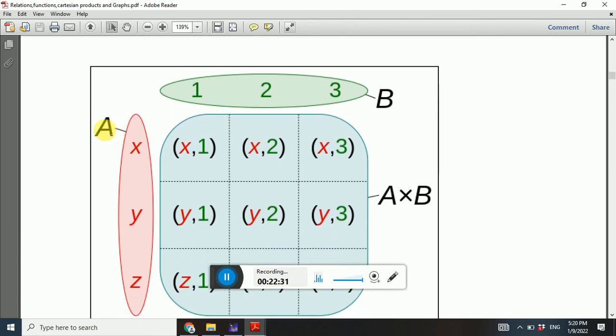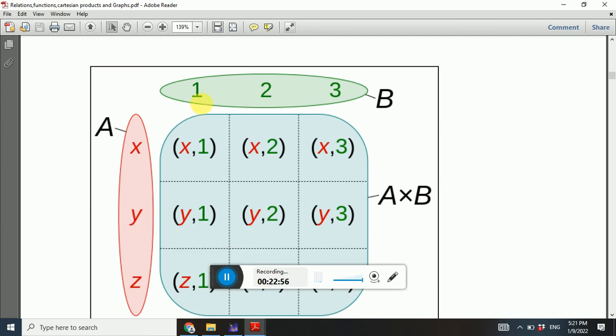So you write all elements of A, X, Y, Z in column form, and all elements of B in row form, and then we start pairing them. You see the first one with the first one here. So you have X1 to give us this, X2 to give us this, X3 to give us this.